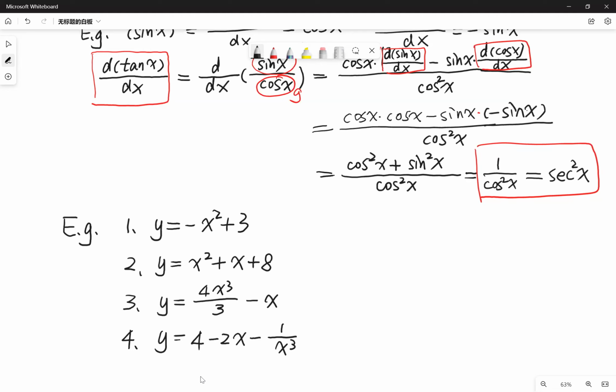It's -2 plus 3 by x cubed. Here, 3x plus 3x squared by x to the power of 6. You should simplify this one.